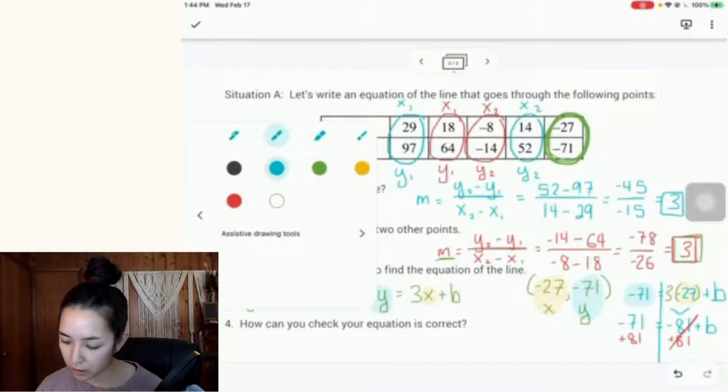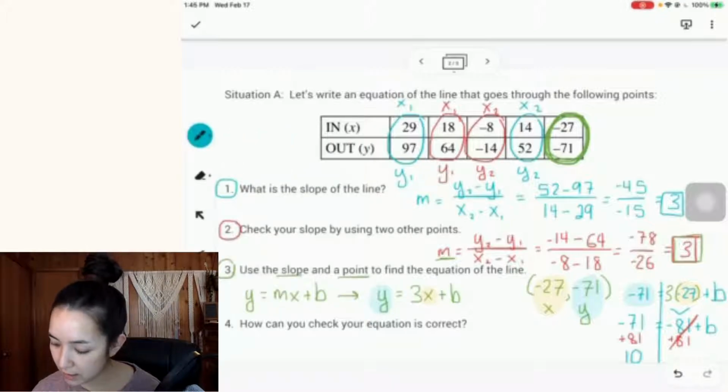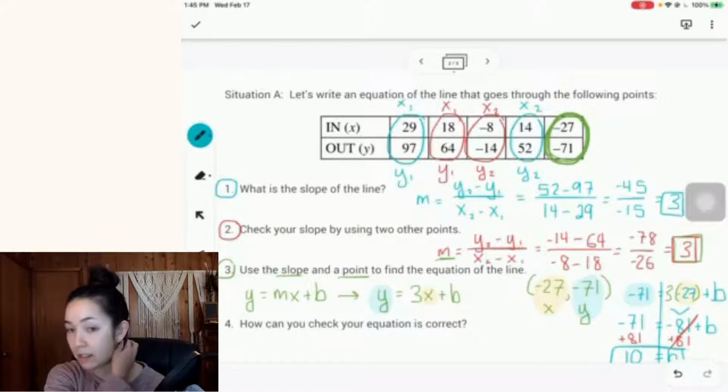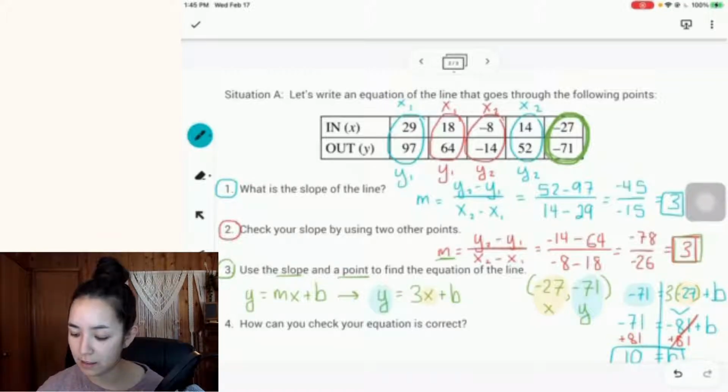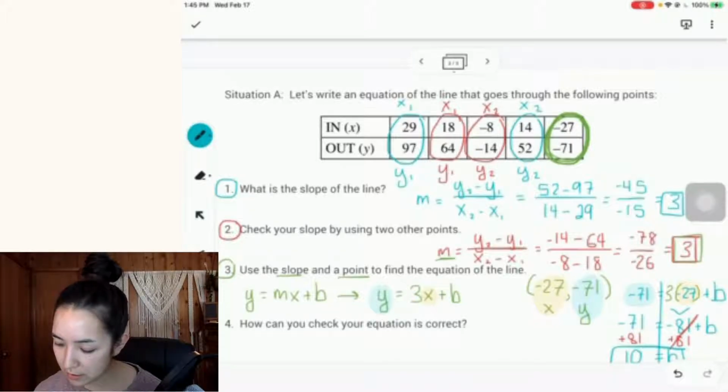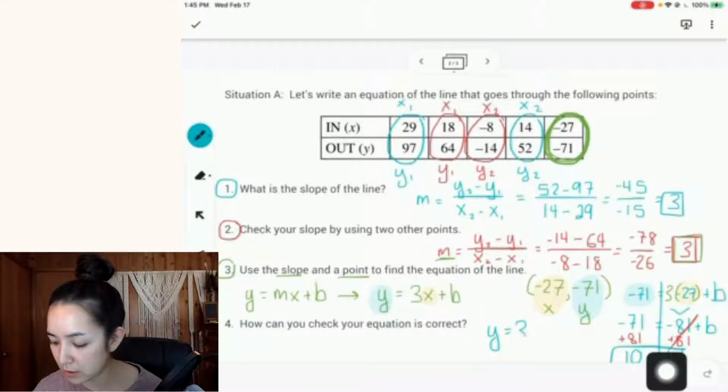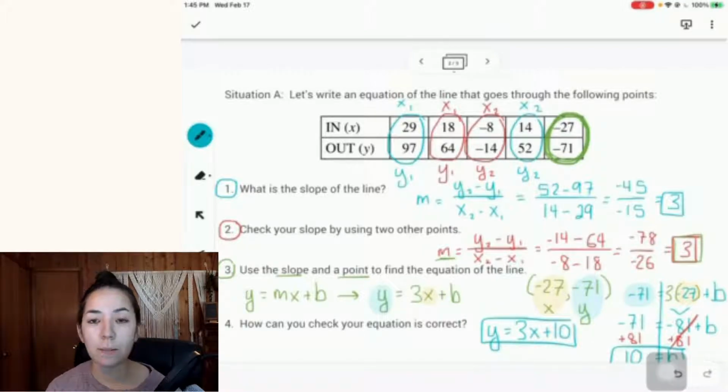Negative 71 plus 81 is 10. So we're left with b equals 10. So our equation is m is 3, b is 10. Our equation is y equals 3x plus 10.